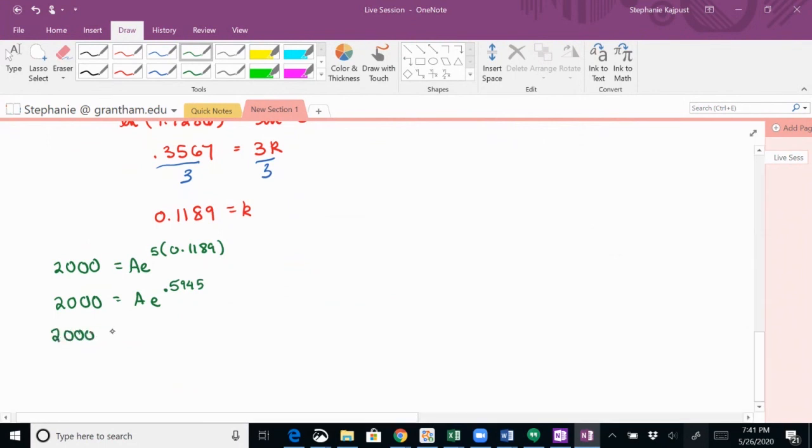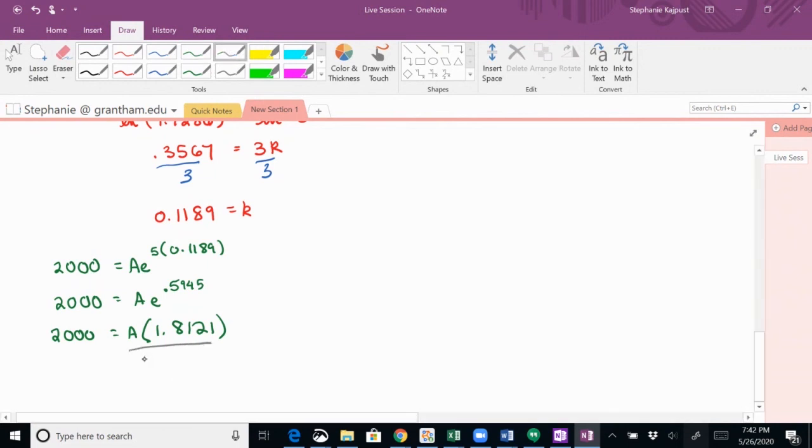So that gives me 2,000 equals a times, and I get 1.8121 when I round that to 4 decimal places. So now all I need to do is divide both sides so that I can solve for a.